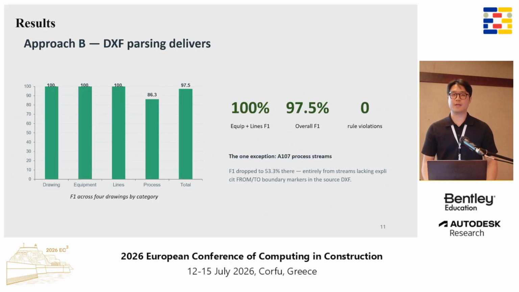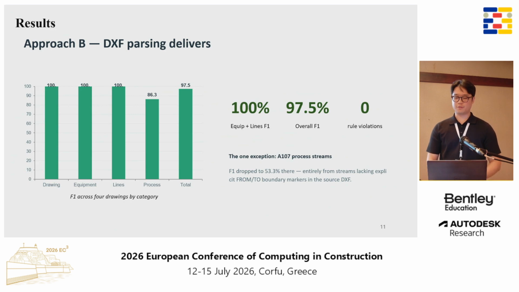Our DXF-based method tells a different story. Drawing information, equipment, and lines all reached 100% F1 across all 4 drawings. The only gap was process streams on the A107 drawing, which pulled the overall F1 to 97.5%. On the verification side, all 587 rule checks passed with 0 violations.